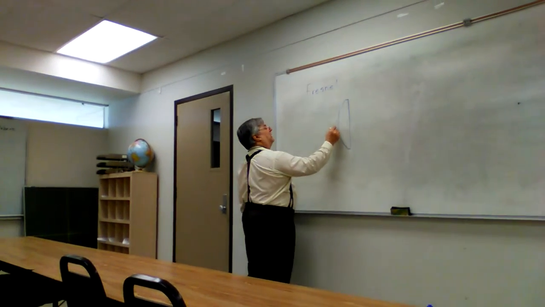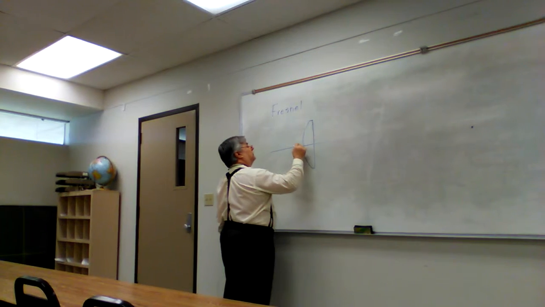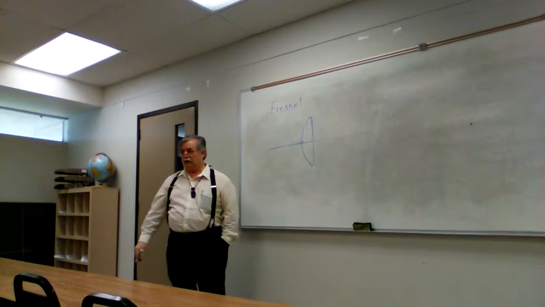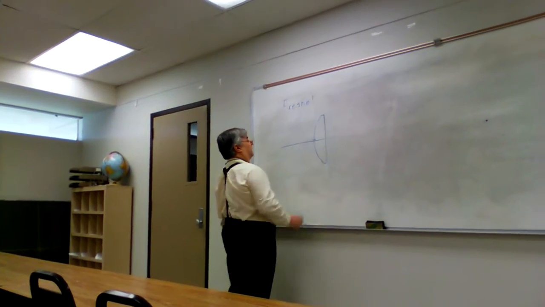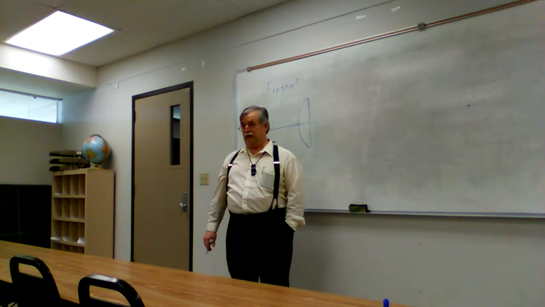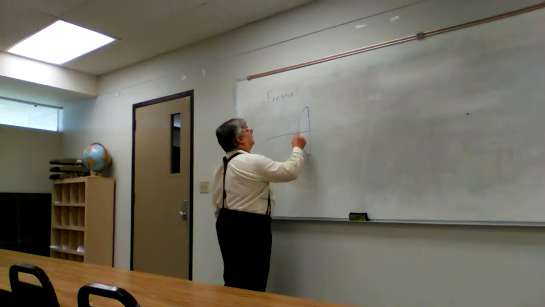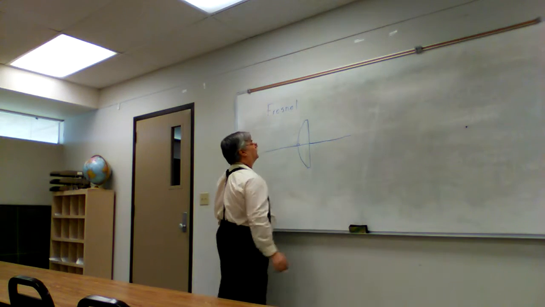So light hits it here. It comes straight through at 90 degrees because the angle of refraction, n1 times sine 90 equals n2 times sine 90. Comes right straight out the other side.